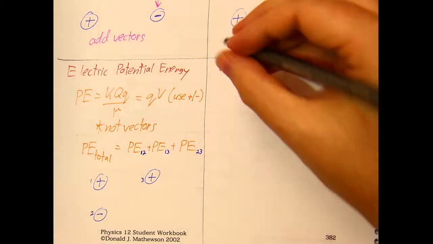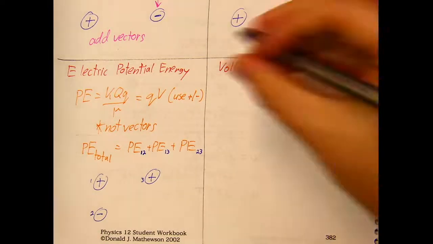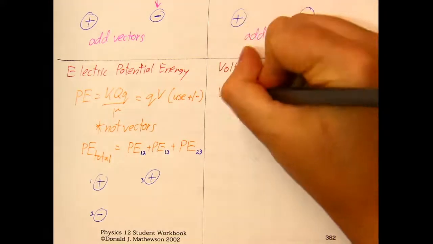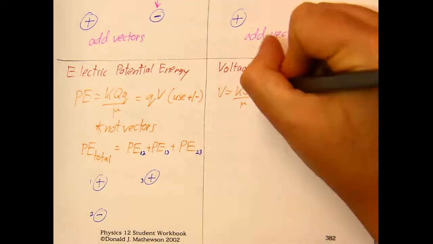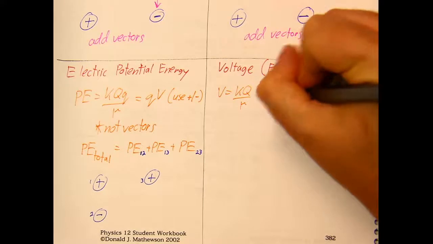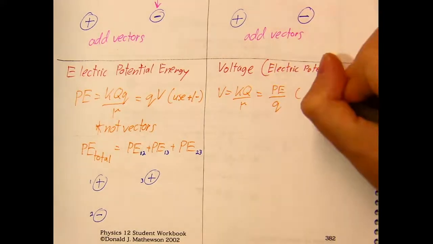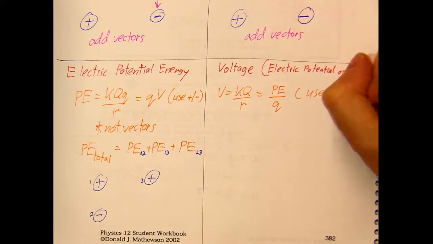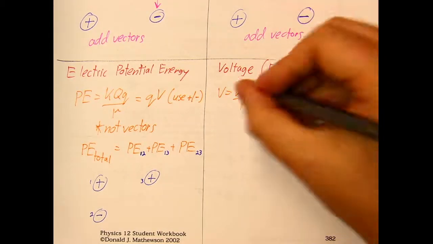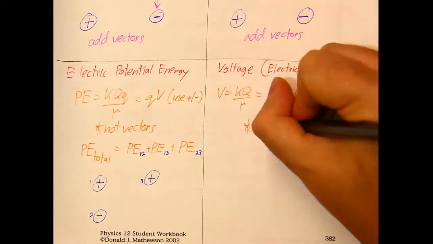Voltage is similar. V equals KQ over R. It's also equal to the potential energy divided by Q. Again, we use positives and negatives. Voltage is not a vector.